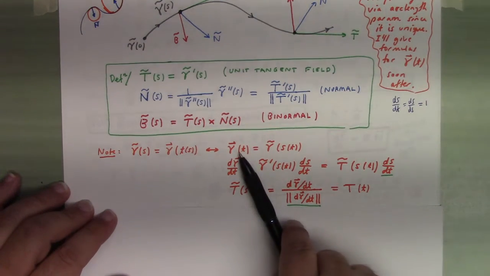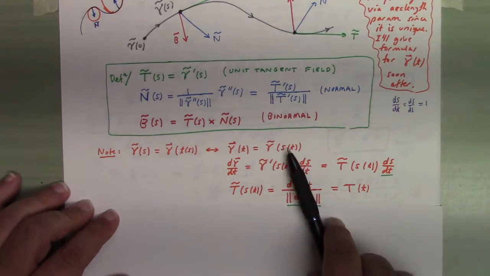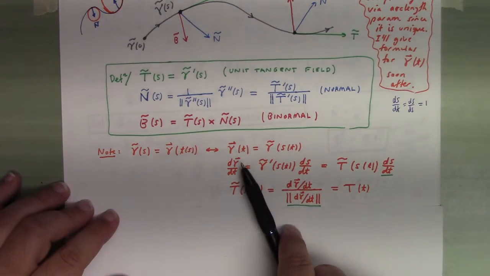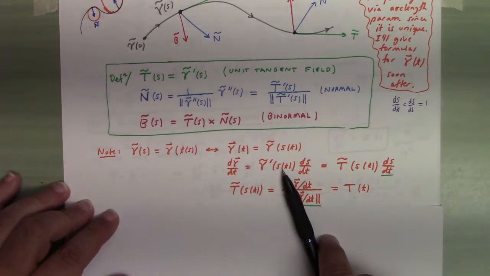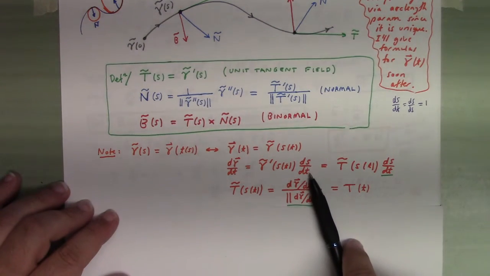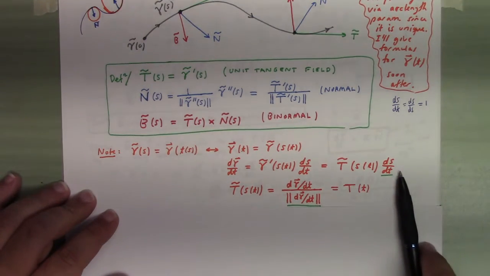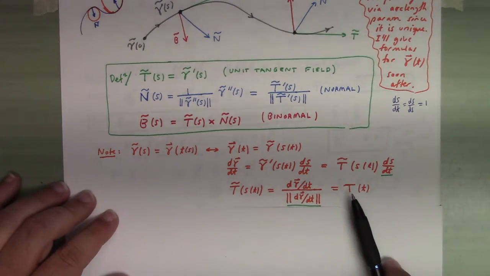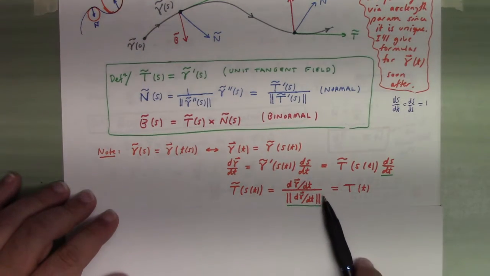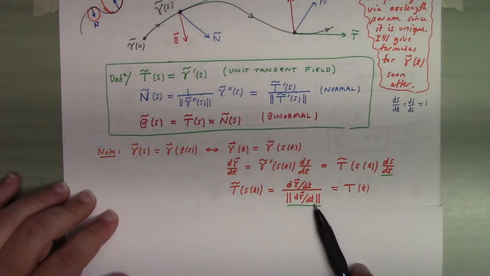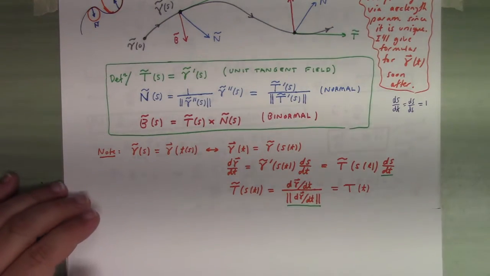The path at time t is equal to the arc length parameterization at s of t, and so if we differentiate that, we get the velocity with respect to time is the velocity with respect to arc length evaluated at s of t, times the derivative of the arc length with respect to time, which is to say t tilde of s of t times ds/dt. And so to get t of t, we take the velocity and divide by the length of the velocity, which when we parameterize with respect to time, there's no reason to expect that the speed is 1, right? So this is more interesting when we're not working with arc length parameterization.